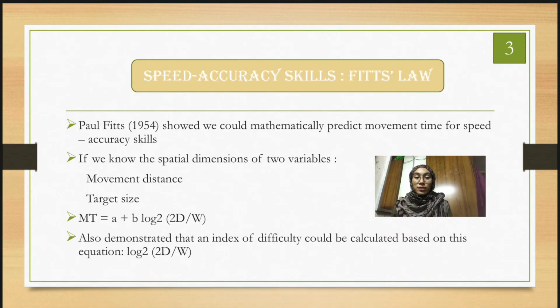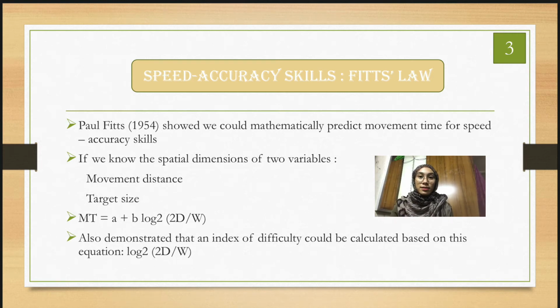We go to the next slide, which is speed accuracy skills and Fitts' law. According to Paul Fitts in 1954, we could mathematically predict movement time for a speed accuracy skill if we know the spatial dimensions of two variables, which are movement distance and target size.